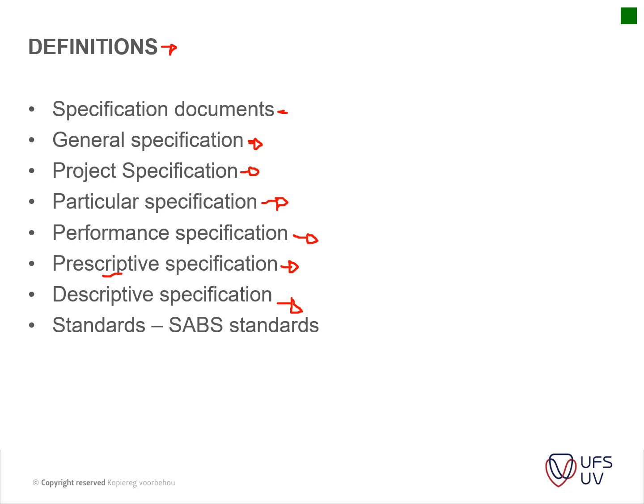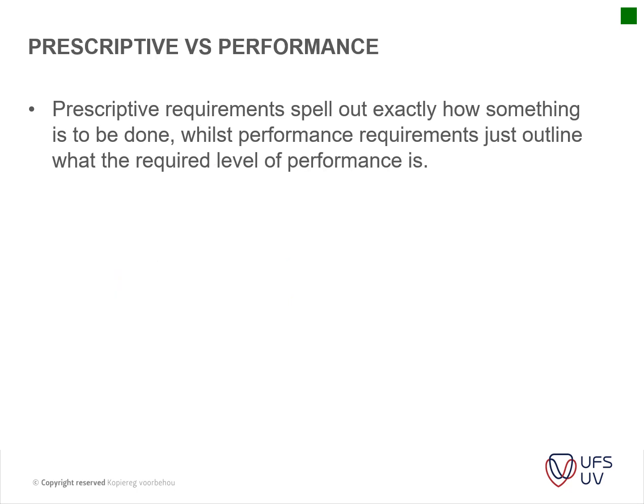Okay, so you will see all these specifications and descriptions on page 28 and 29. So it's very important that you go through that, and like I said, this is a very important section for me. Okay, so this brings us to prescriptive versus performance specifications.